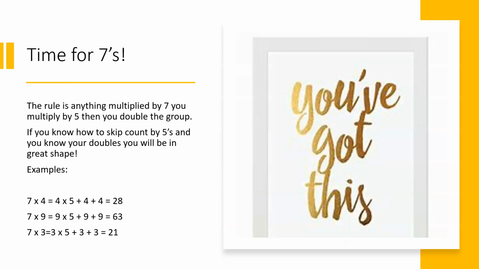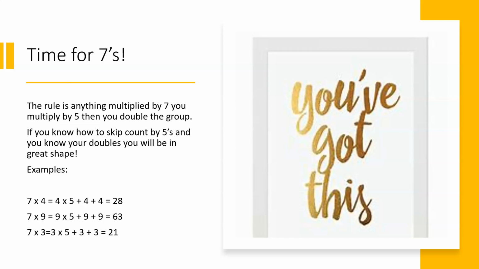Time for sevens. The rule is anything multiplied by 7, you multiply by 5, then you add double the group. If you know how to skip count by 5s and you know your doubles, you will be in great shape.